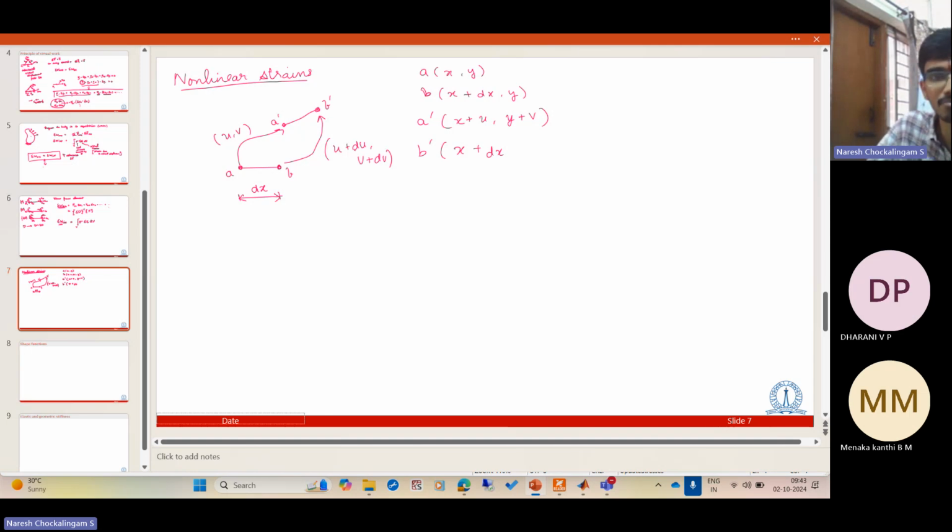So this will have some other displacement u plus du, but it will be slightly different from the displacement at A, because these are nearby points. They are only separated by dx. So this is x plus dx plus du, y plus v plus dv. Now look at the length of S. The x coordinate of B dash is x plus dx plus u plus du.